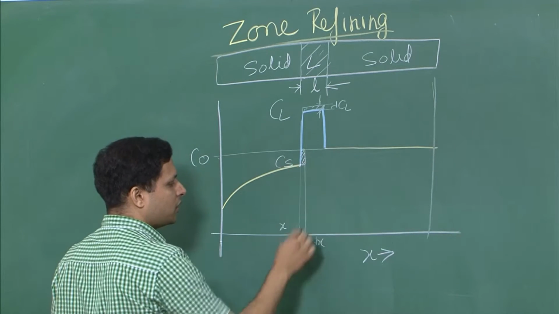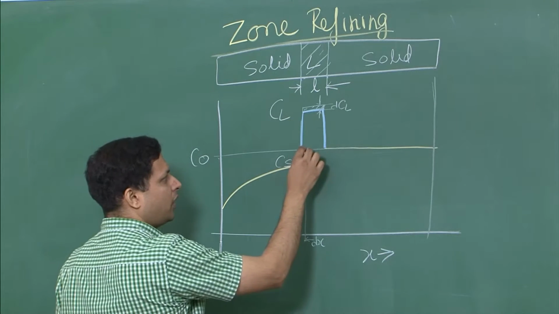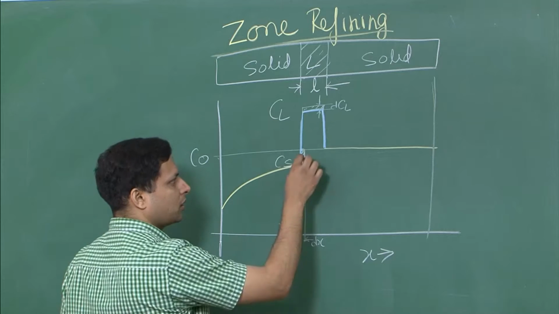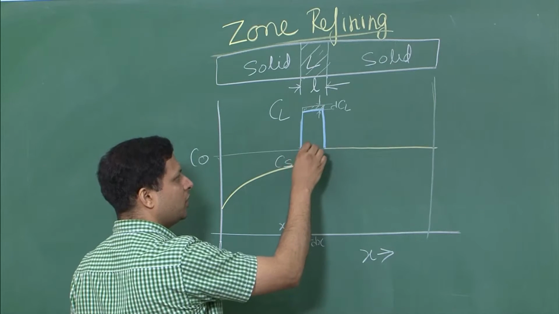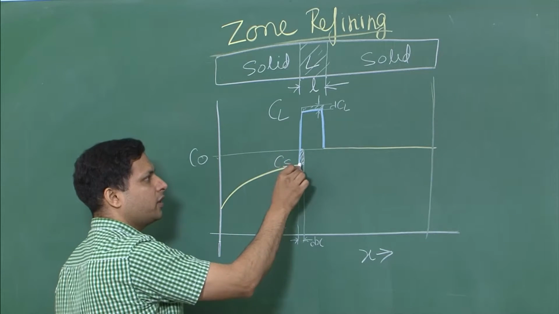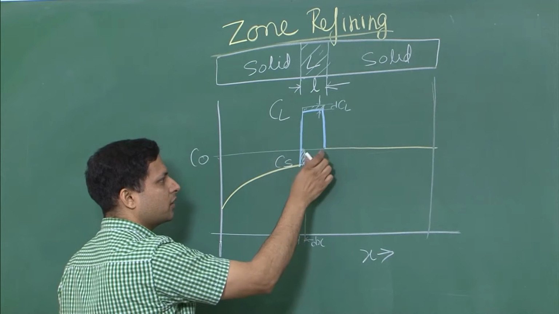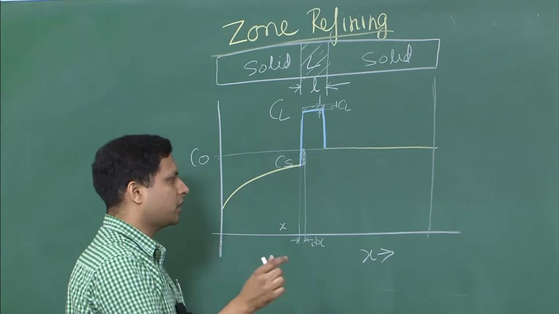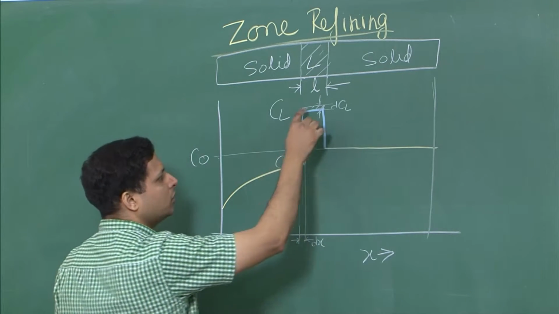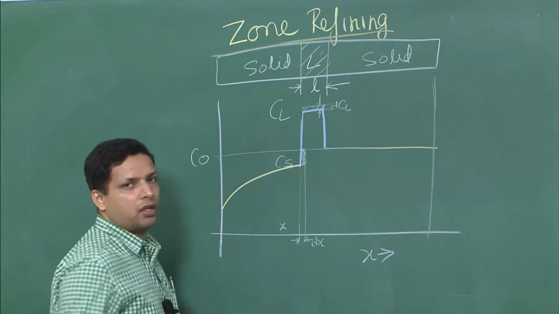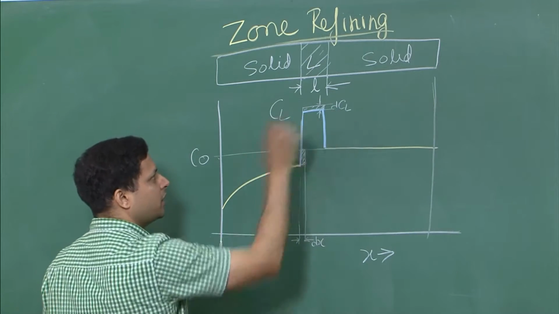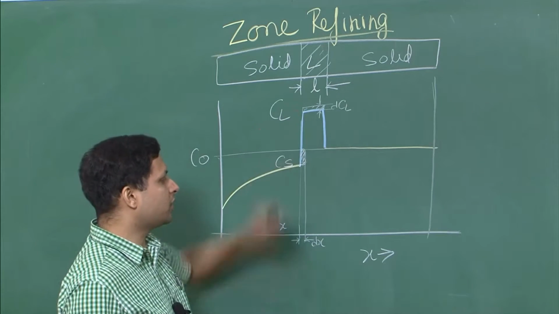This is the distance dx that has solidified, and therefore this amount of solute will get taken away from here, because the solute concentration was at this point earlier, and after solidification it will reach here. This is the total amount of solute that will be moved away. And where will it go? The liquid concentration will increase by a delta amount, that is dCl. So this liquid concentration has increased.